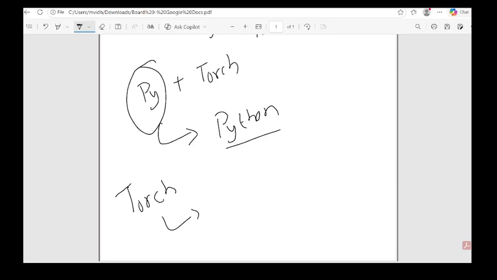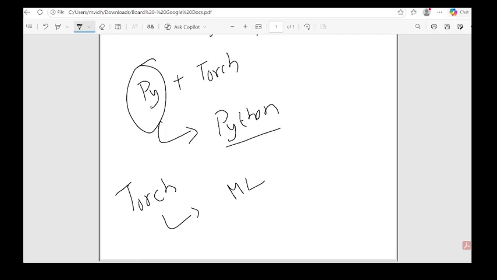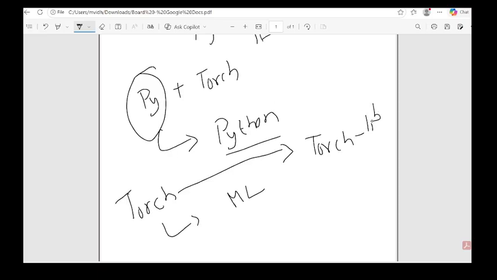Now this Torch is a library, which is used in machine learning. Torch is a library related to the machine learning framework.